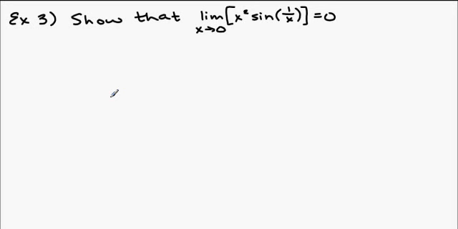So let's use the sandwich theorem to do this without the calculator. We know that sine always has values between -1 and 1.